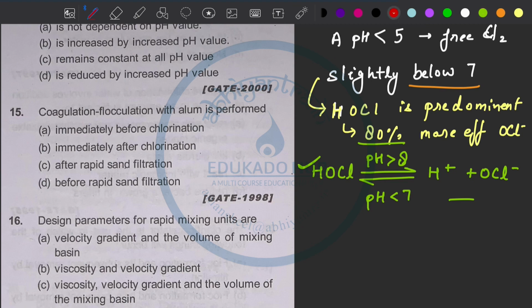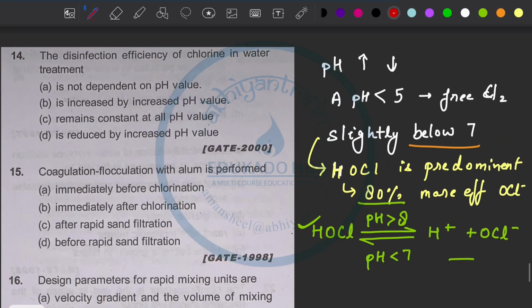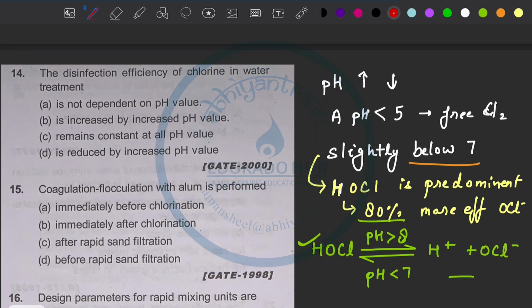Now option 1, not dependent on pH value, is absolutely wrong. Is increased by increased pH, no, not at all. Remains constant, not this. Is reduced by increased pH value, yes, that is the answer.